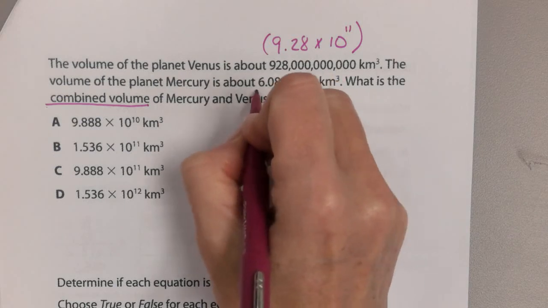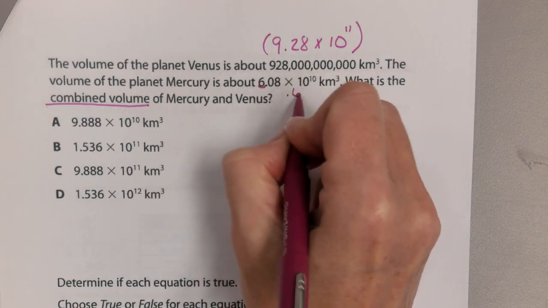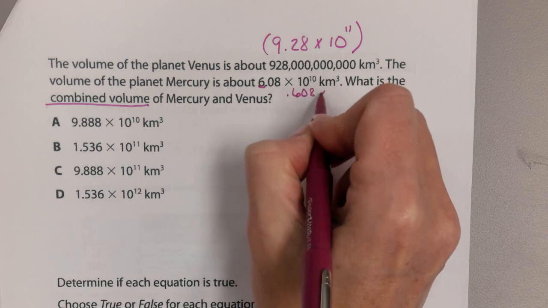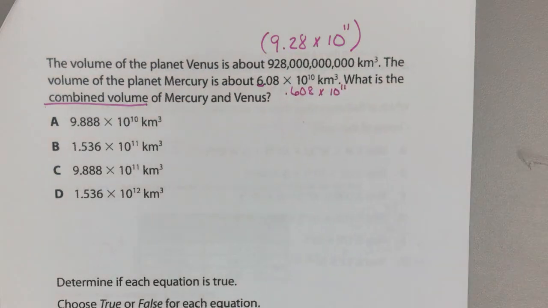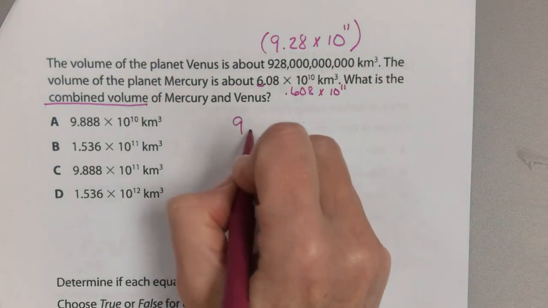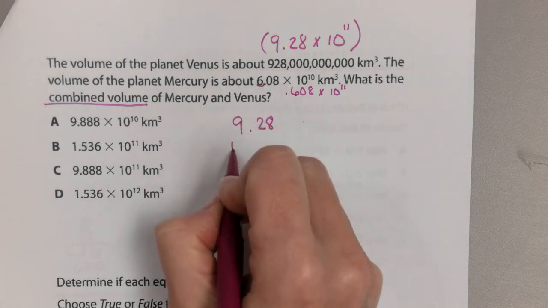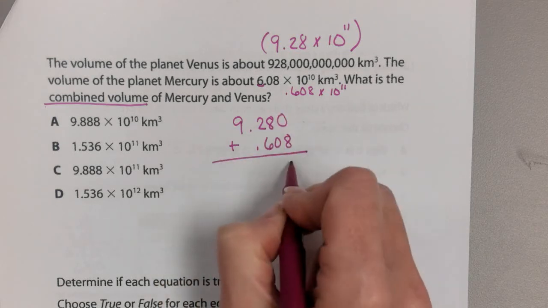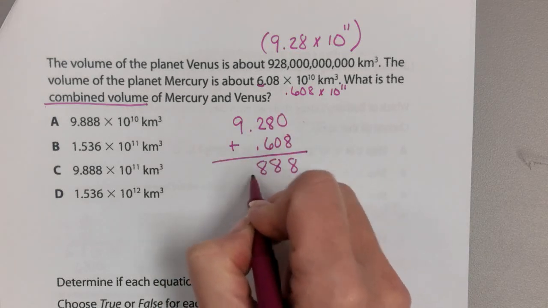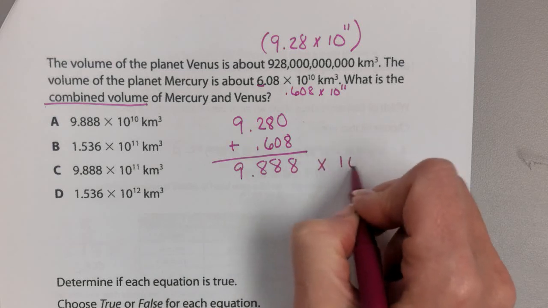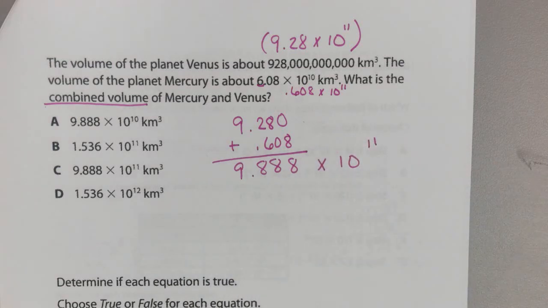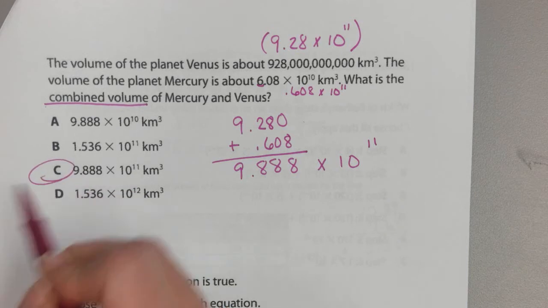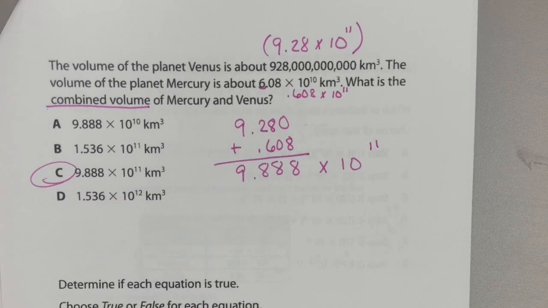I'm going to go big and make this one into 0.608 times 10 to the 11th. All right, so I'm really just adding 9.28 plus 0.608 times 10 to the 11th. So you got C. All right. We good on that one?